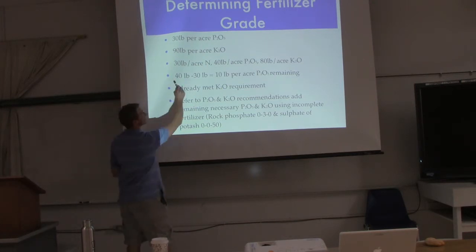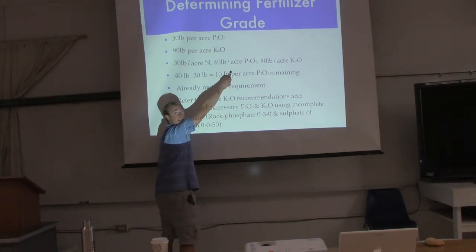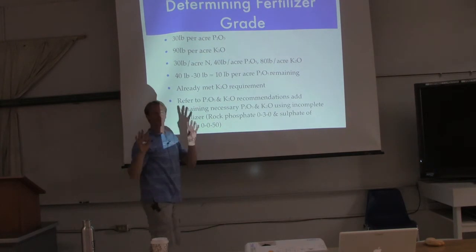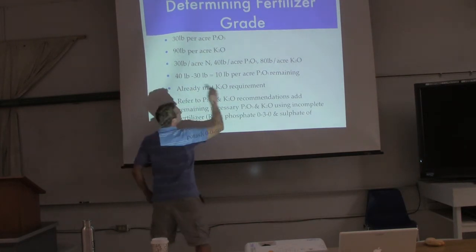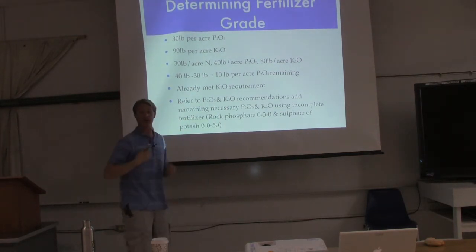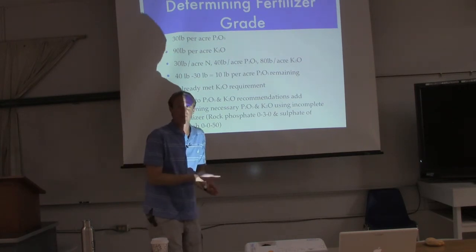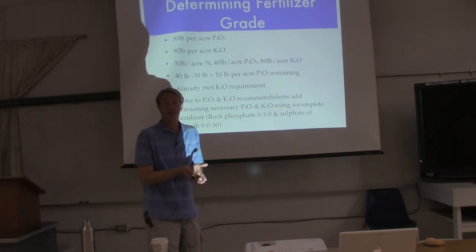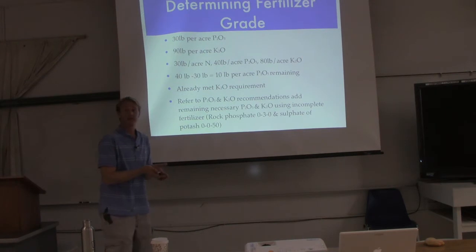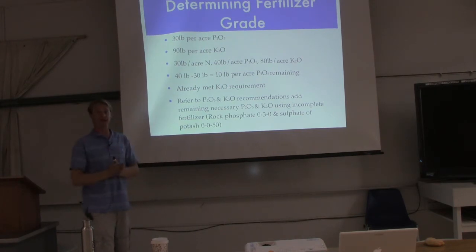Yeah, so you're coming really close to what you need, or what is recommended, right? So somehow along the way, we're going to have to add that extra 10 pounds per acre of P at some point. Right now, we're only putting out that initial fertilizer still.